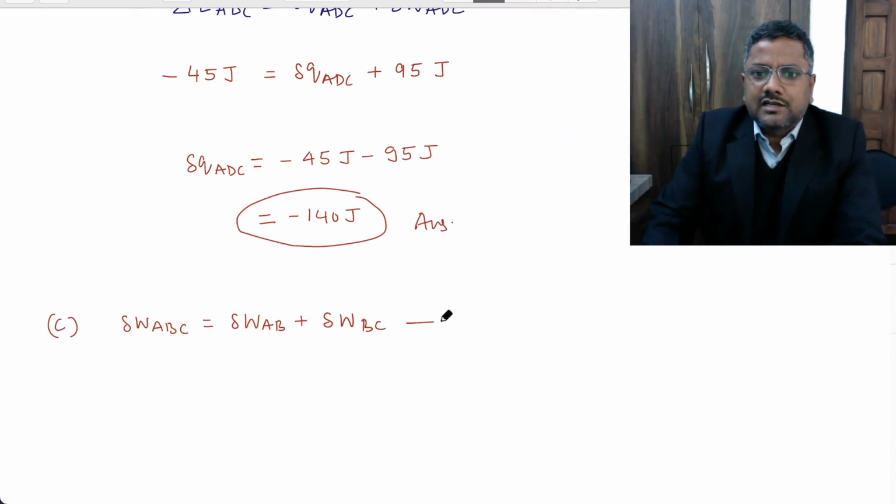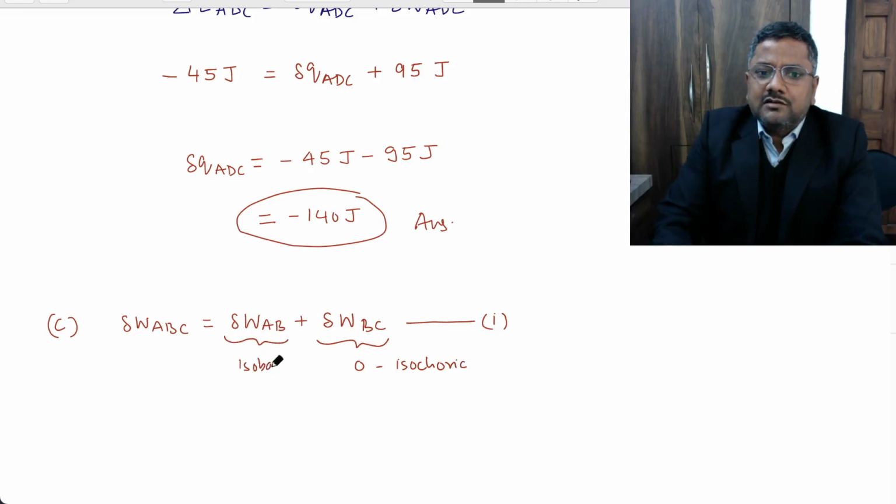This is our basic equation. WBC is 0. Why? Because this is isochoric. And WAB is isobaric. So this is not 0.